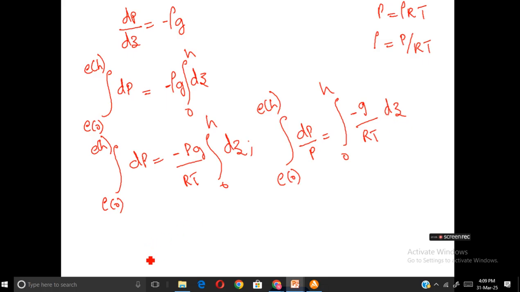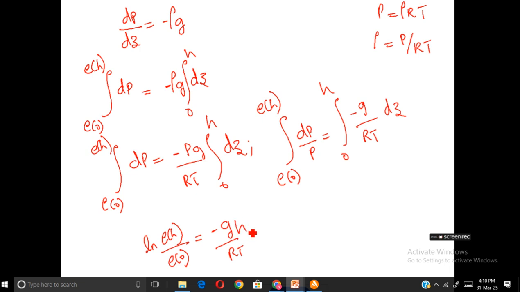Or we can write log E of h by E of 0 is equal to minus g by RT into h, or gh by RT.